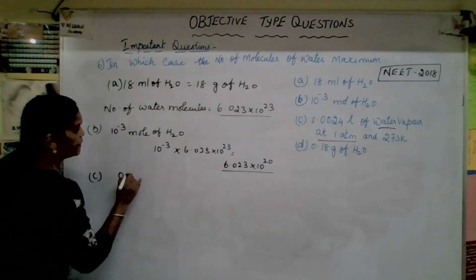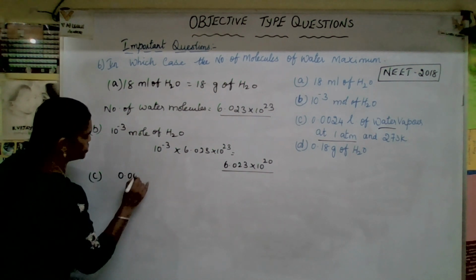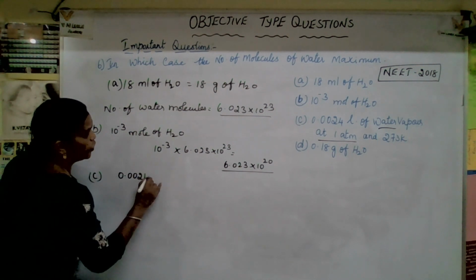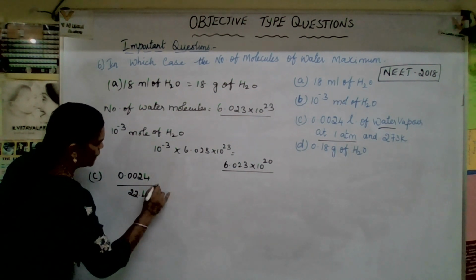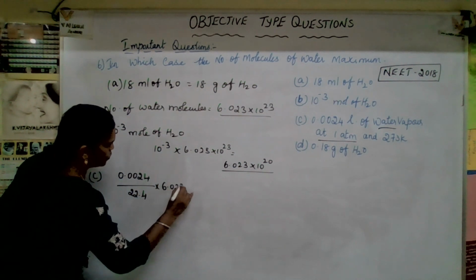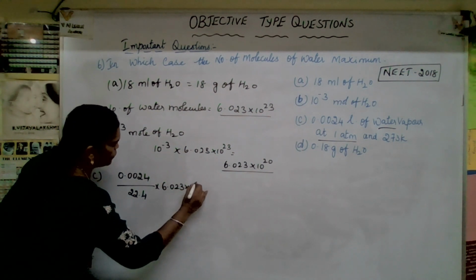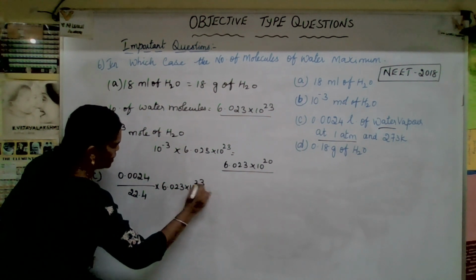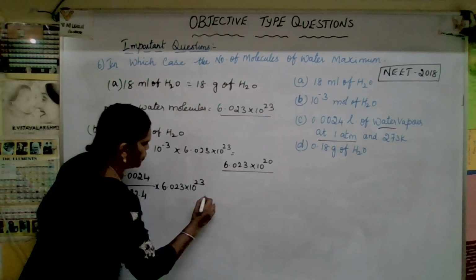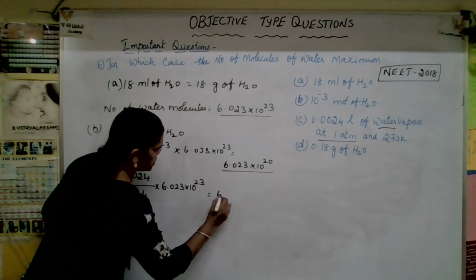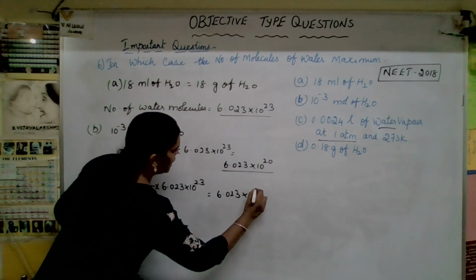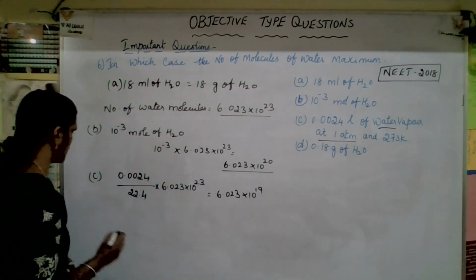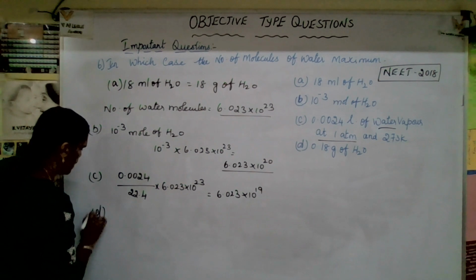Okay, so given volume, that is 0.0024 divided by 22.4, into 6.023 into 10 to the power of 23. So what answer will you get? You will get 6.023 into 10 to the power of 19. You will get it.